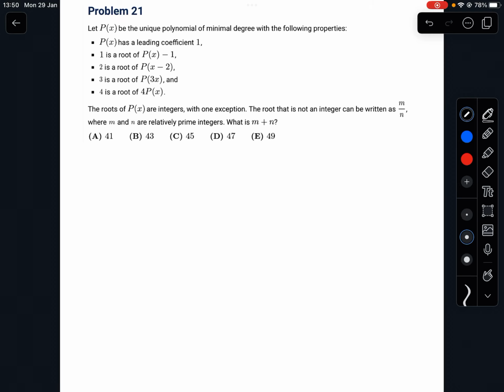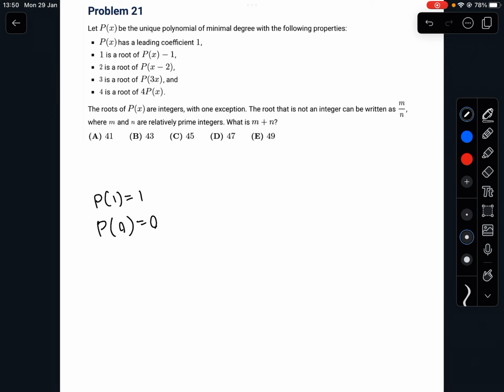Okay, so we're told that 1 is a root of P(x) minus 1, so P(1) minus 1 equals 0, so P(1) equals 1. And then we also get 2 is a root of P(x) minus 2, so P(2) minus 2 equals 0, so P(0) equals 0.